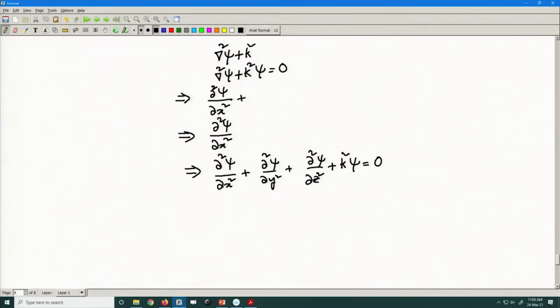Now, we invoke a well known principle in the theory of partial differential equations, which is the separation of variables technique in order to solve this equation.